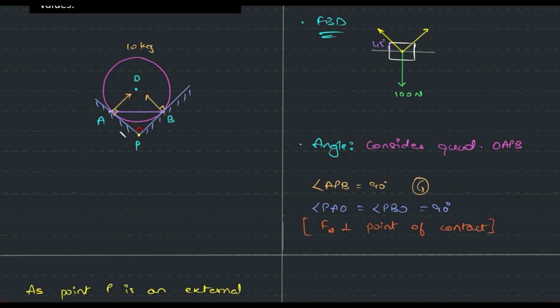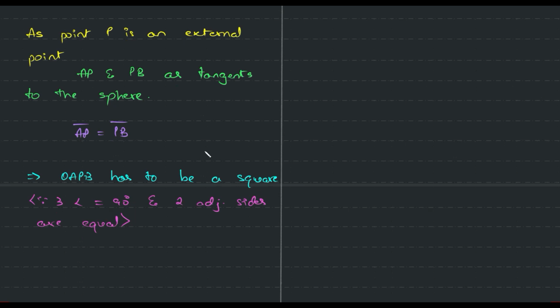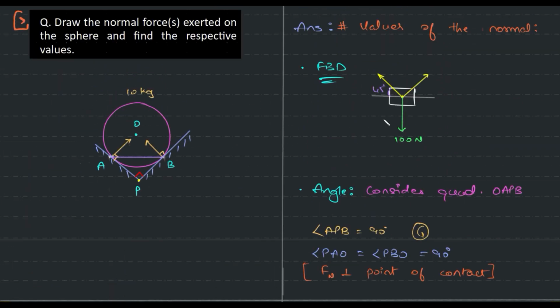So, okay, this is a square, but still, where is this 45 degrees coming from? In a square, the diagonals bisect the angles. And that's how we figured out this to be 45 degrees.